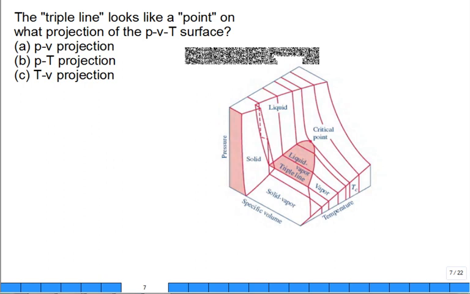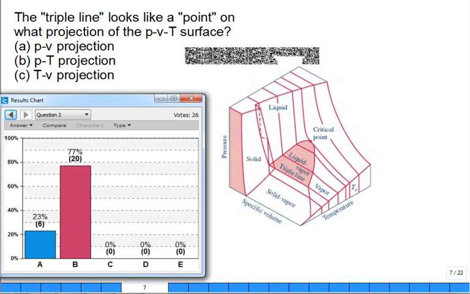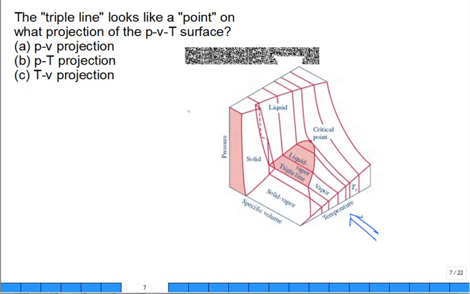All right, well, let's take a look at our results. So the triple line looks like a point when you're looking this direction, which gives us the pressure temperature, the PT projection, which is answer B. Right? Isn't that correct? Yeah. And it doesn't look like a point when you look this way.